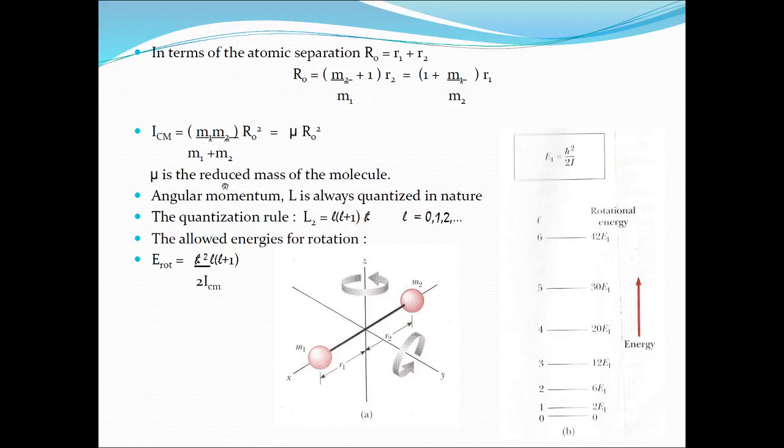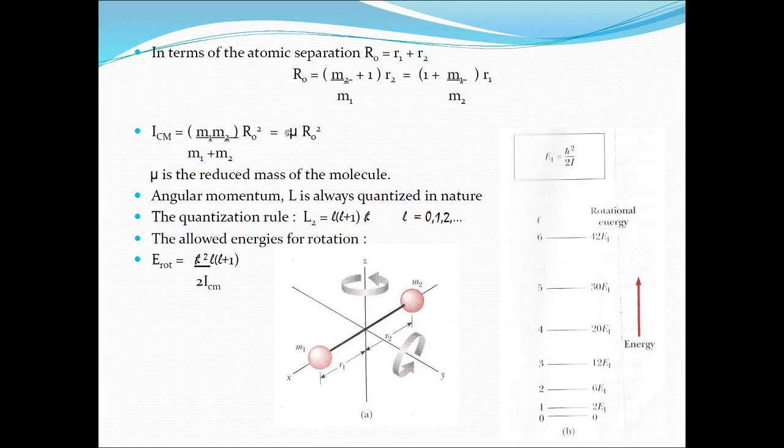Because the question will ask you to calculate the energy, but before you determine the value of energy, the first thing that you have to do is to find the reduced mass of the molecule. Unless you cannot get the answer.